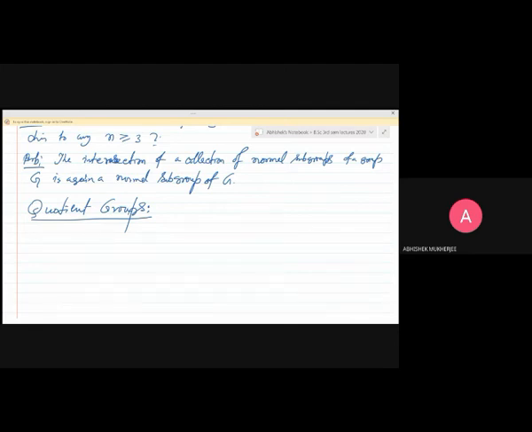If not, under which condition will this product give you a well-defined operation? The condition is that you need to consider normal subgroups rather than any subgroup.